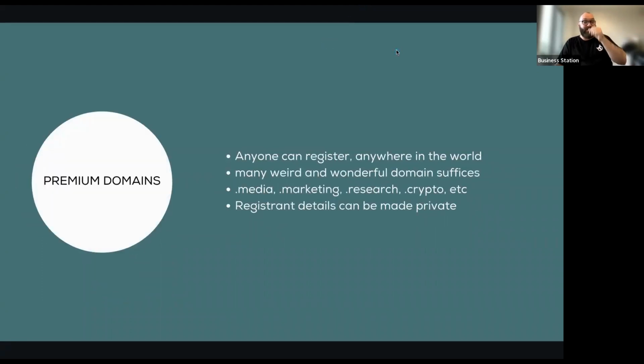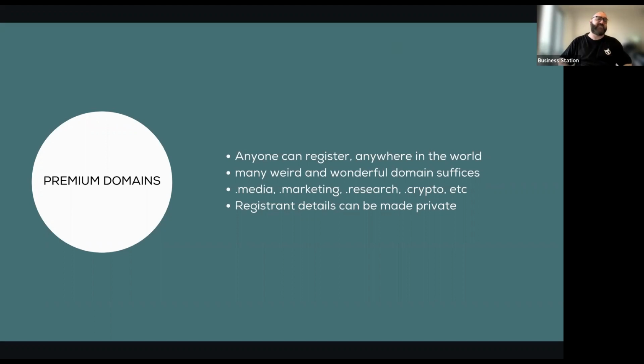These are the premium or fun domains, sometimes they're just fun ones. Anyone can register them anywhere in the world. They've got lots of weird and wonderful ones, .research, .crypto, .marketing, .media, lots and lots. There's like dozens and dozens and dozens of these words. And by probably the end of 2022, there'll be hundreds of these different options. And it's really hard to find a place that actually registers all the different options because a lot of those domain registrars only hold the most popular ones.